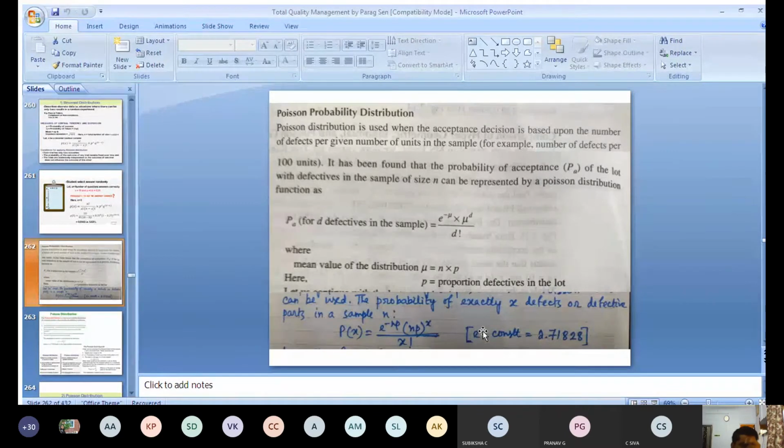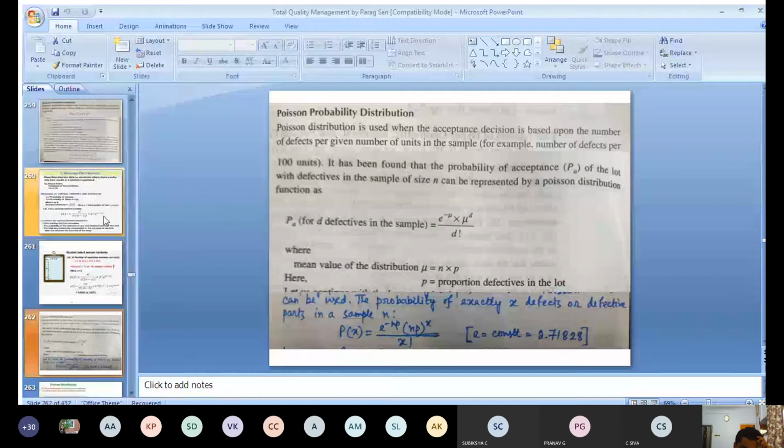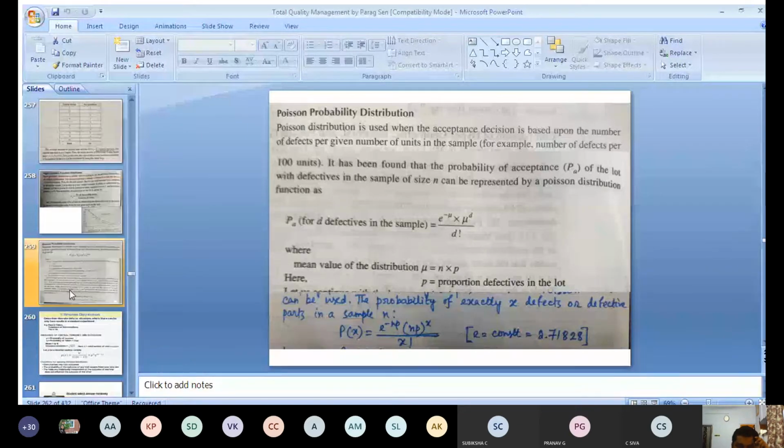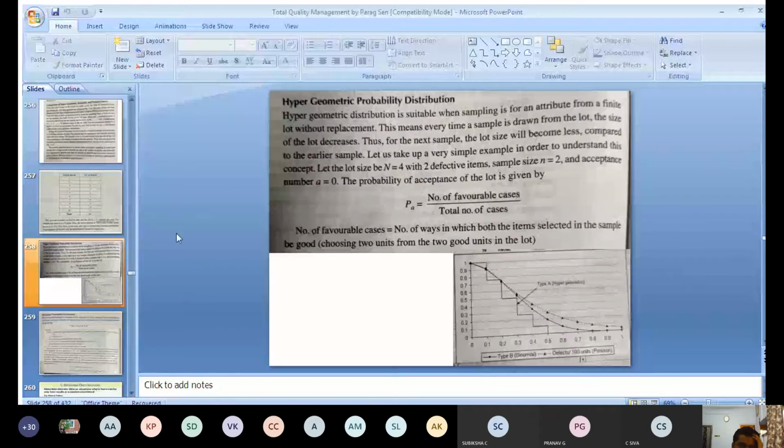Now if you are interested to know how these formulas are derived for Poisson distribution or binomial distribution, then you need to study details about those distributions, and you will find on YouTube how these formulas are derived. There are plenty of videos available. But why do we use these particular distributions for these cases?